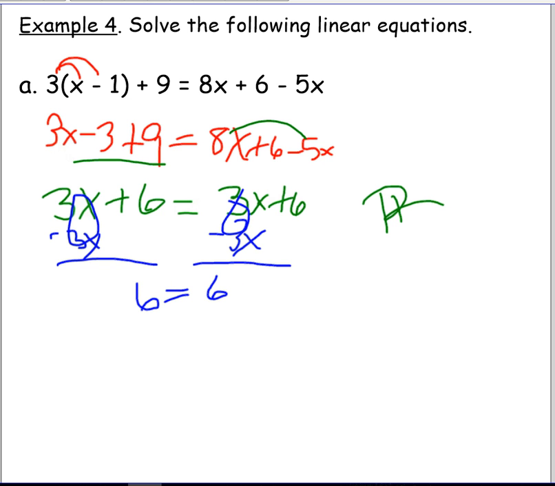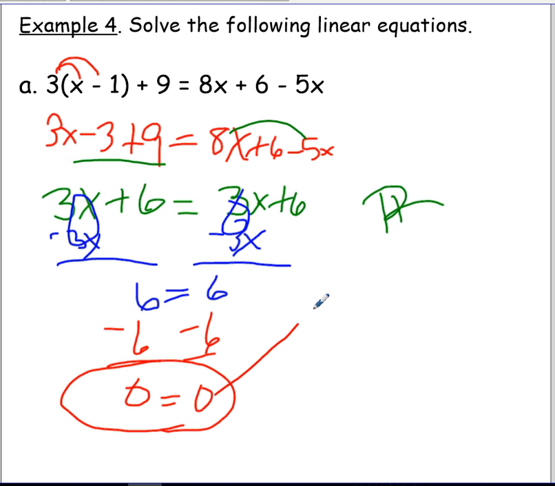And even if we went further down the line, we could subtract 6 from both sides. And we can get down to 0 equals 0, which any solution that has all real numbers can solve down to 0 equals 0. But as long as you stop with the left-hand side equaling the right-hand side, you could have stopped at 3x plus 6 equals 3x plus 6. Once both sides are equal, they match perfectly, then your solution is all real numbers.